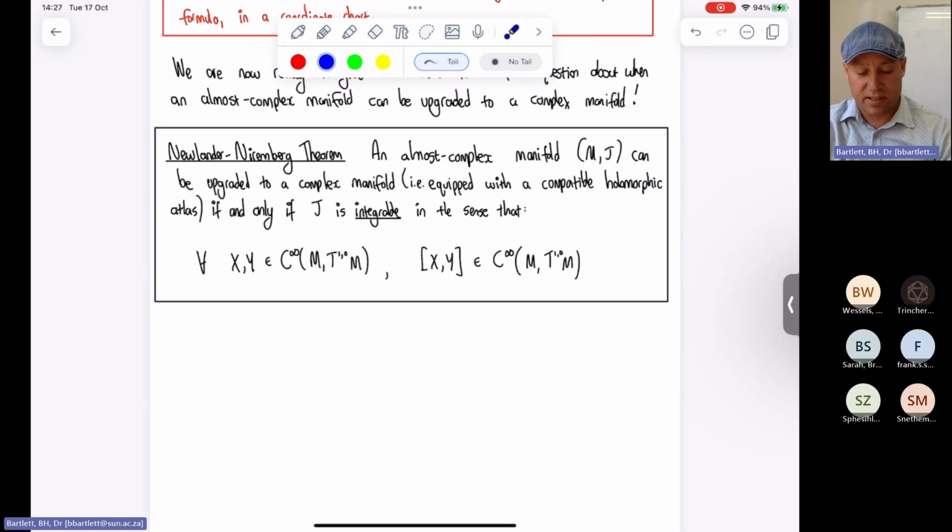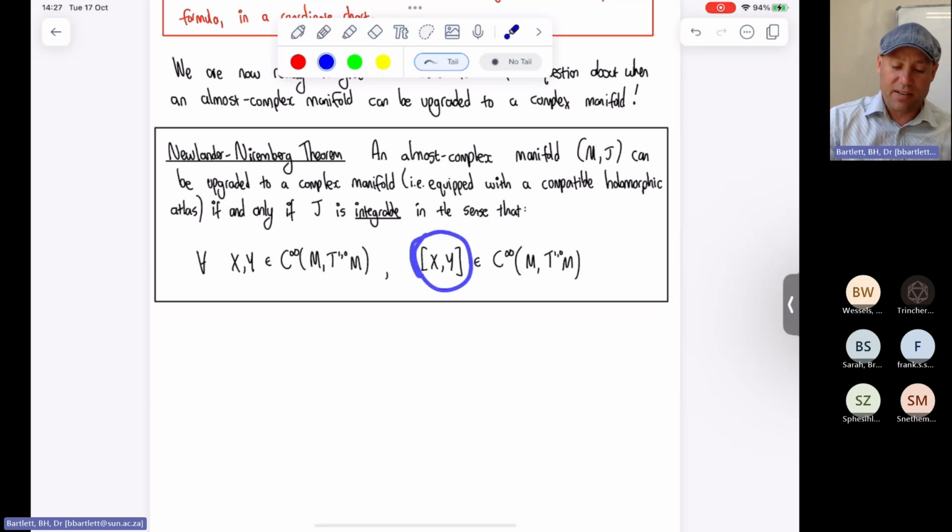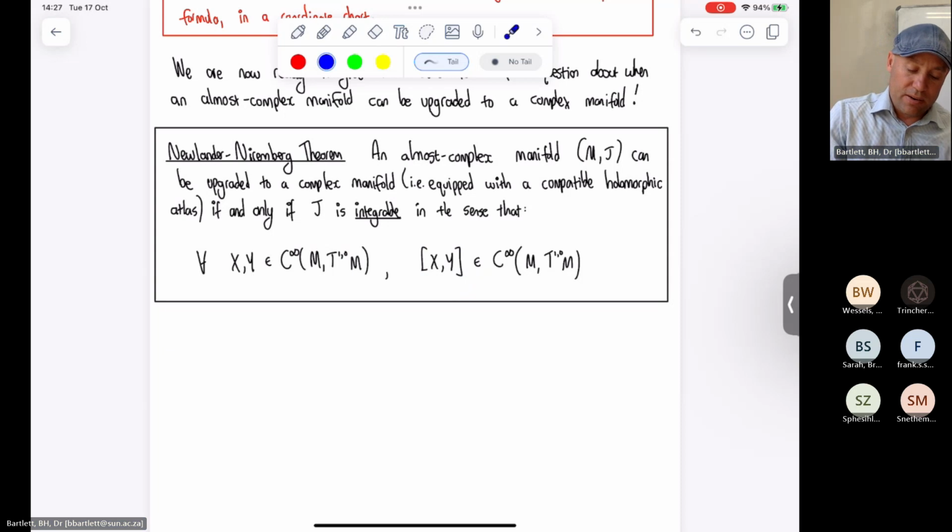It has to do with calculating these Lie brackets. You see, the Lie bracket of X and Y is going to be a vector field. So it's going to have components that are type 1, 0 and type 0, 1, because every vector field decomposes into its 1, 0 part and a 0, 1 part. So if you start with a vector field of type 1, 0, and you do a Lie bracket with another vector field of type 1, 0, what you're going to get out is some smooth vector field on your manifold, with a 1, 0 component and a 0, 1 component.